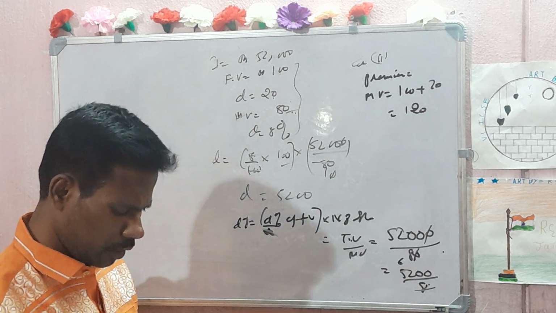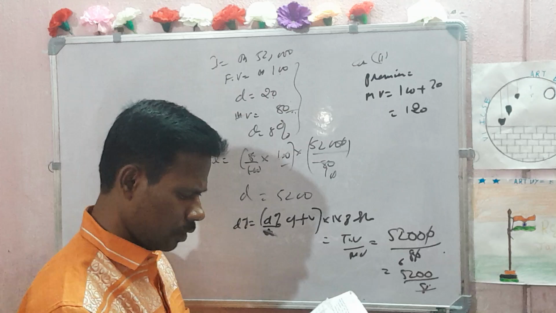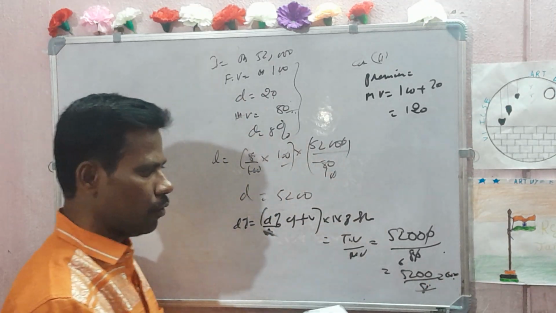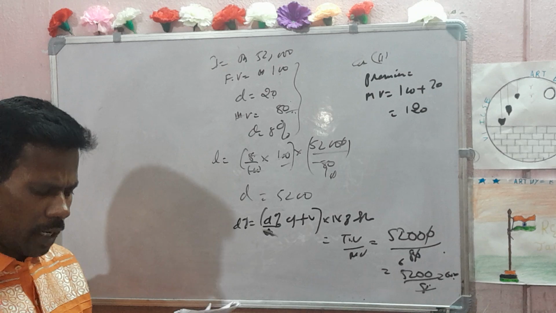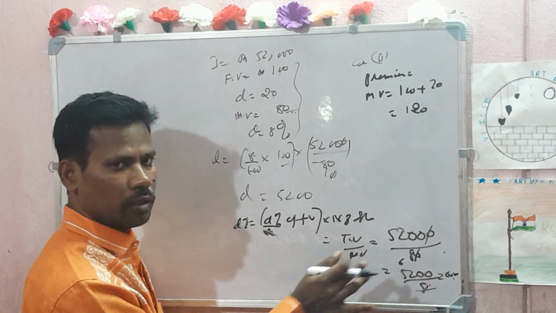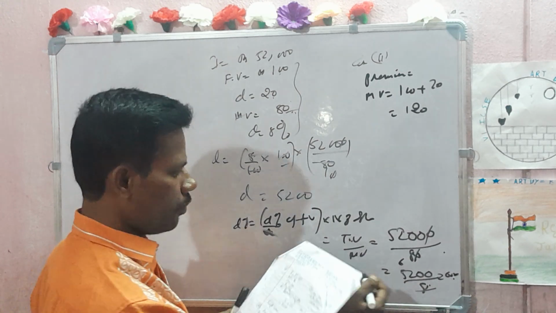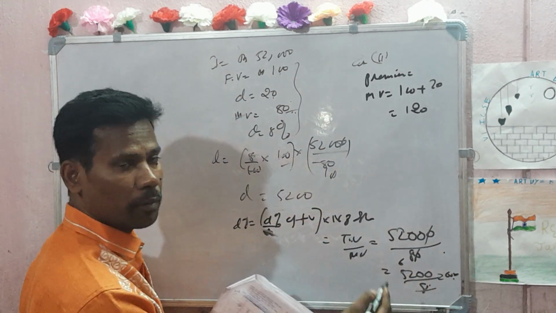The answer for this is 650. If you do the cancellation, the answer is 650. I am not doing the cancellation because you need to do it by yourself since you are in 10th standard. So 650.